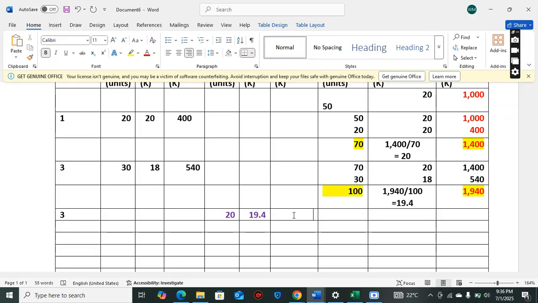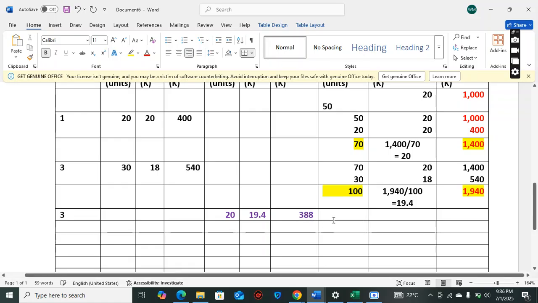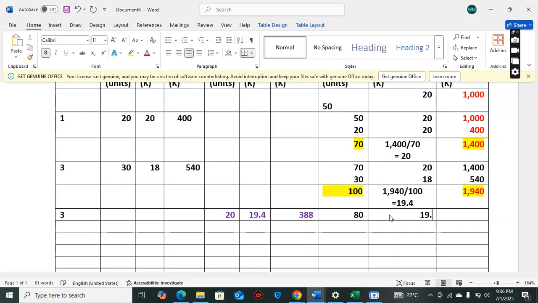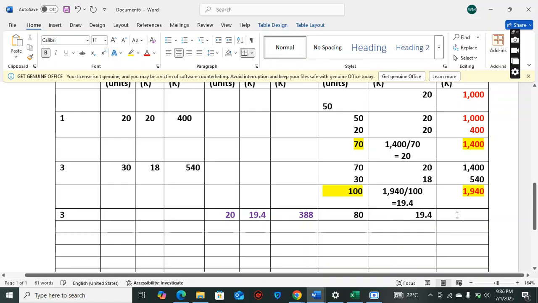Sorry, just repeat that again. 388. Okay, so we initially had 100 units. We've sold 20, so we remain with 80 units valued at 19.4. 80 times 19.4.